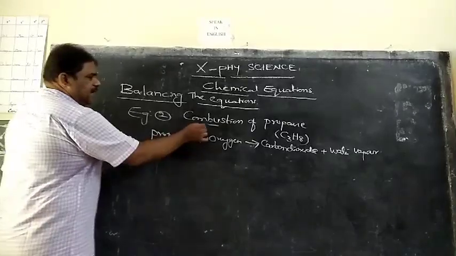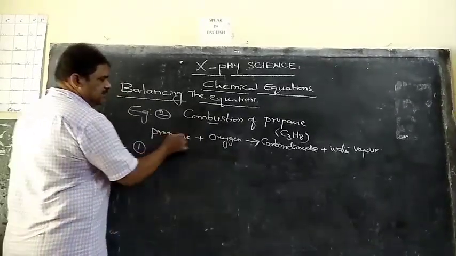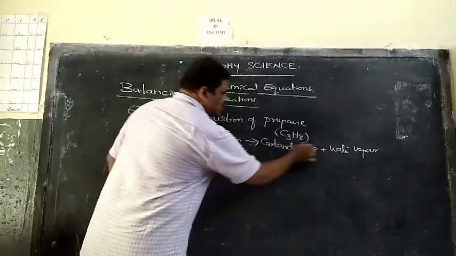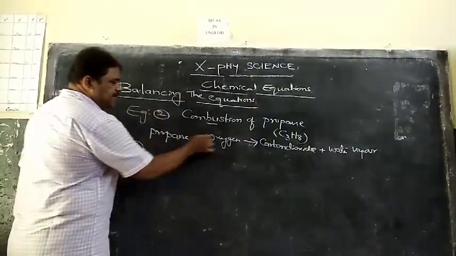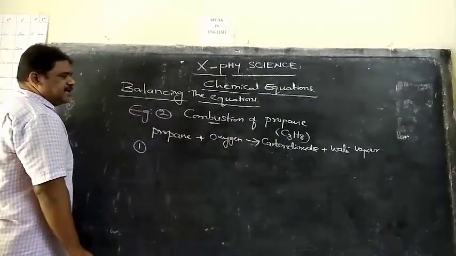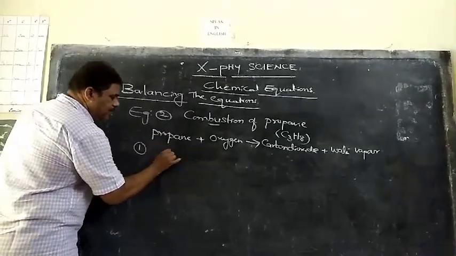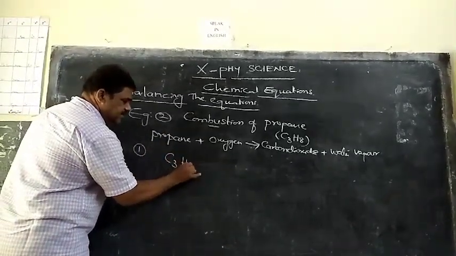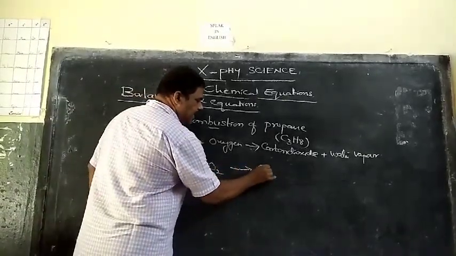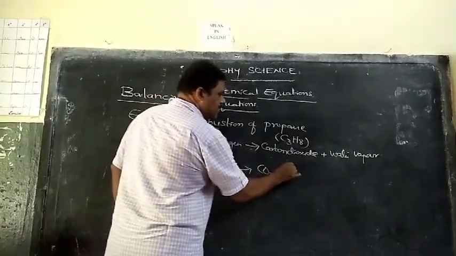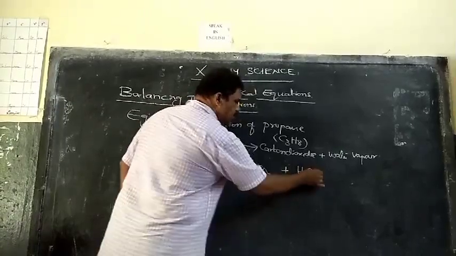So first step in balancing the equation: these two are called reactants and this is known as product. First step is we have to write reactants and products with their chemical formula. Propane formula is C3H8, oxygen formula is O2, carbon dioxide is CO2, water vapor is H2O.